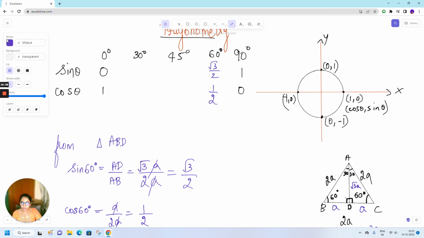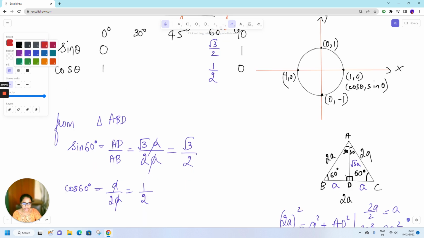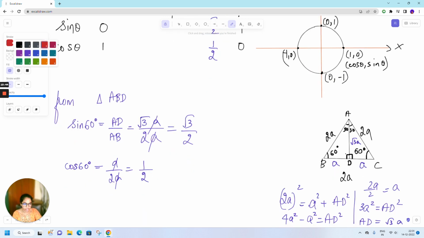Okay, now let me find 30 degree. How would I find 30 degree? Let me take the same triangle ABD. In this triangle ABD, if I try finding sine 30 degree, as you can observe, the angle is at A. Which side is opposite to this angle A? BD, right?